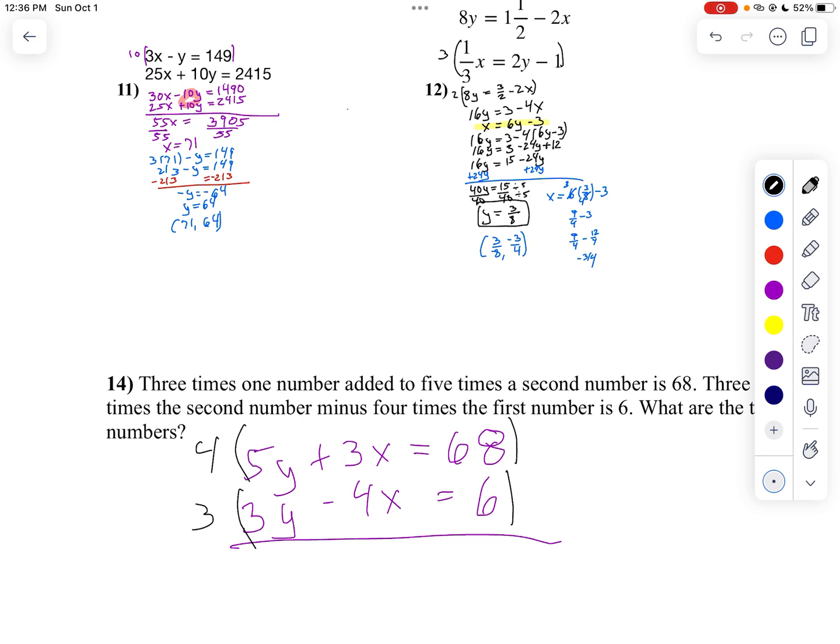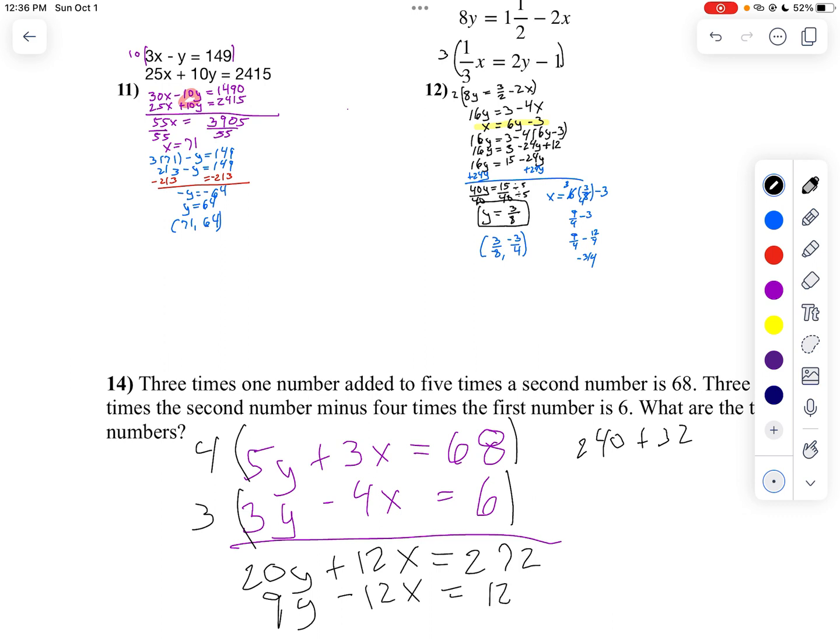So 4 times 5 is 20y plus 12x equals 68 times 4. 60 times 4 is 240, 8 times 4 is 32, so we get 272, don't we? And then 9y minus 12x equals 18.